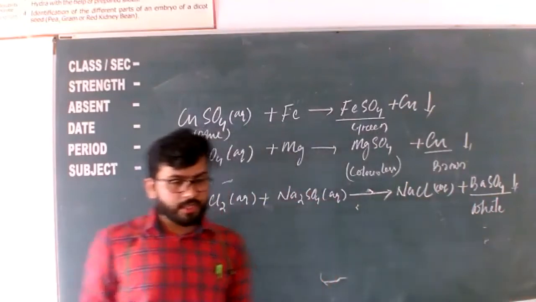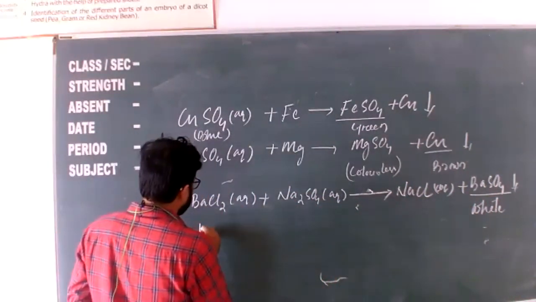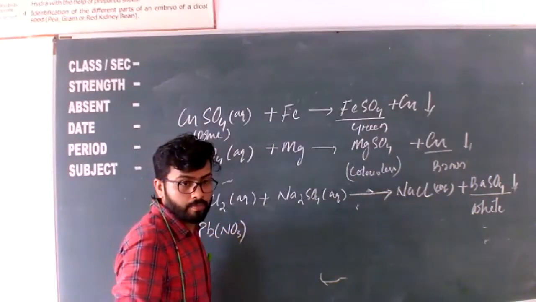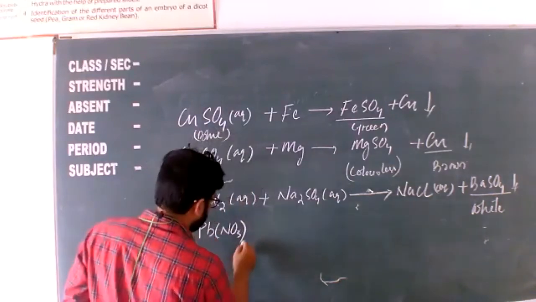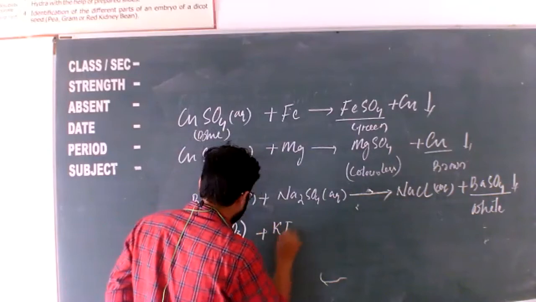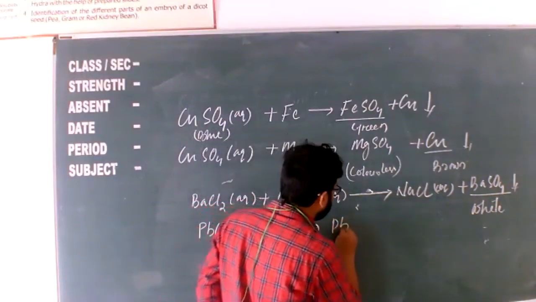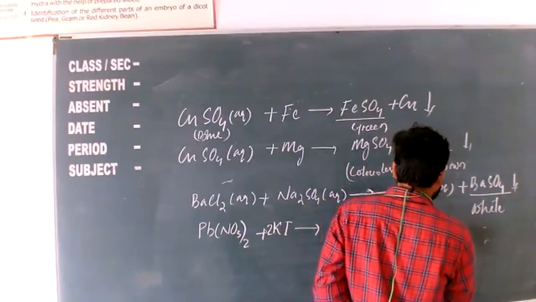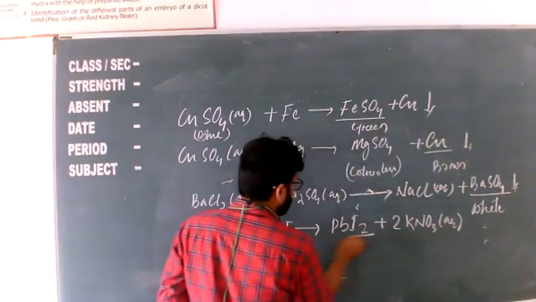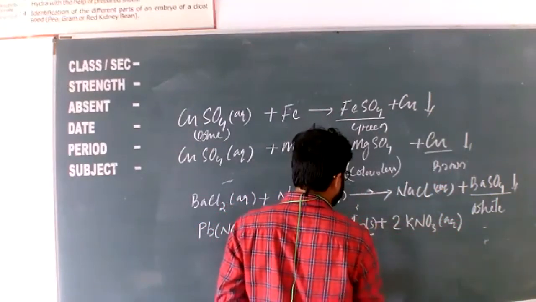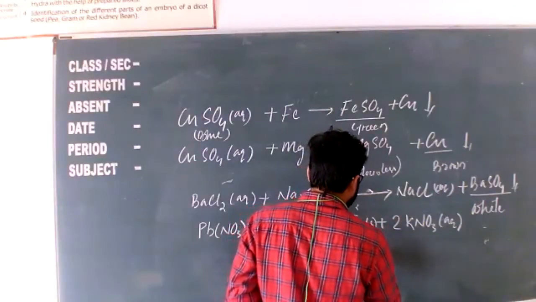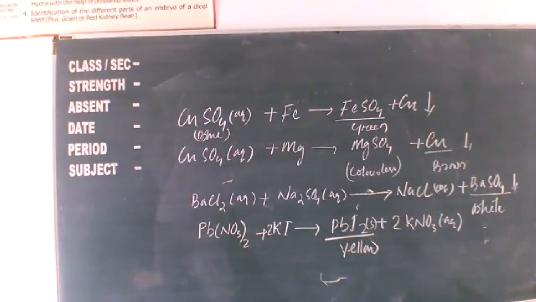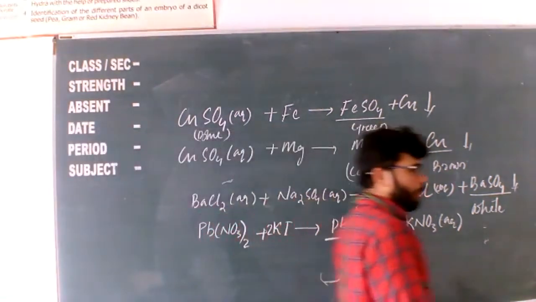The other one that we discussed is lead nitrate, Pb(NO3)2, plus KI, which gives PbI2 and potassium nitrate. Potassium nitrate is in the aqueous state, and lead iodide is a yellow precipitate. All these equations have to be mentioned in the lab record after your observational table.